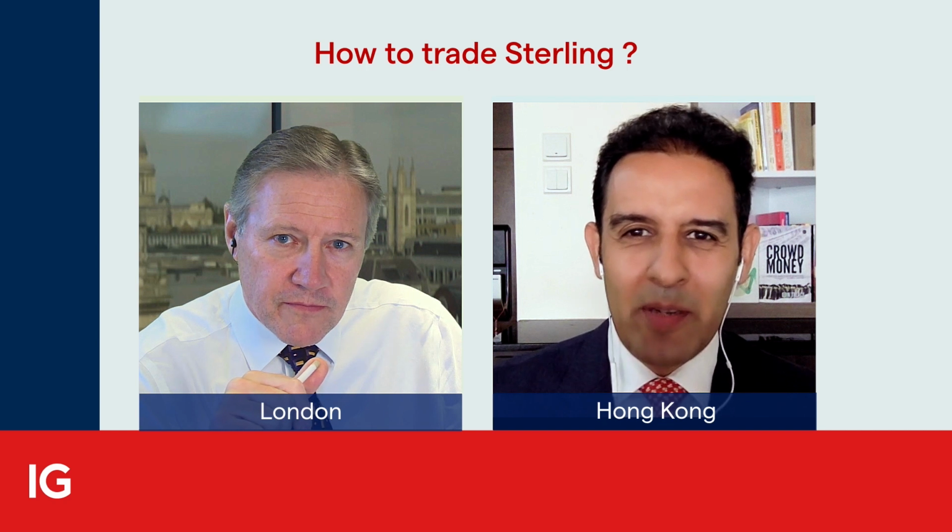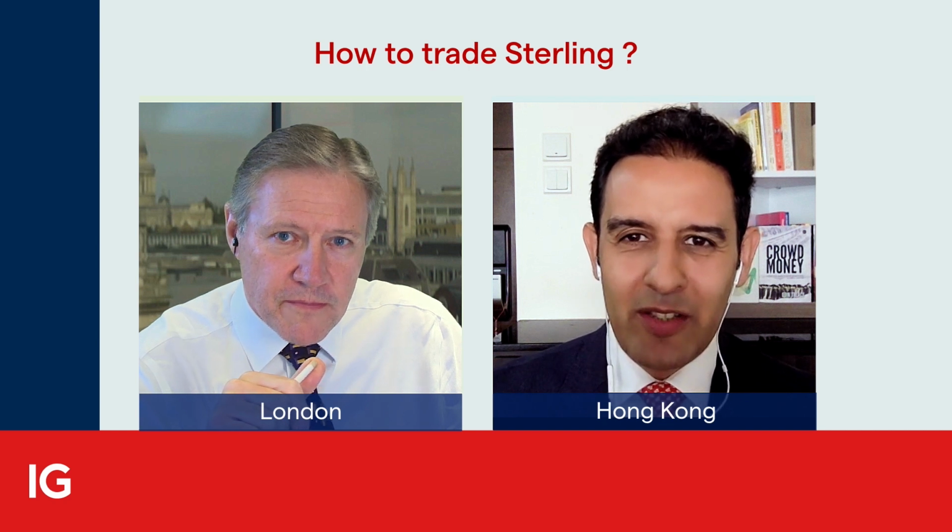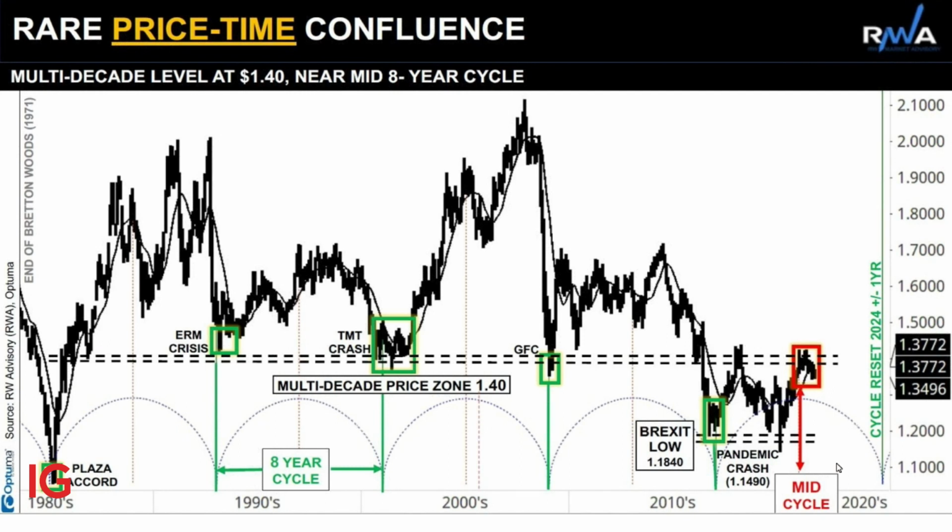Well, this is a blast from the past, both in terms of the big picture chart that we're about to see, highlighting a rare price and time confluence. It's also a chart that we're revisiting, Jeremy, if you recall, some time ago, we looked at this actually into the Brexit vote to try and predict what would likely happen in the market. Fast forward now, what we're seeing is that line in the sand at 140 still being important.